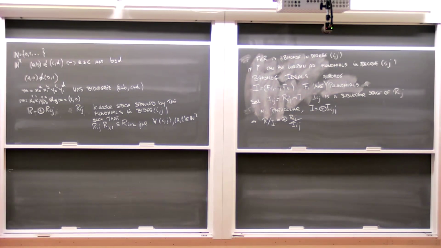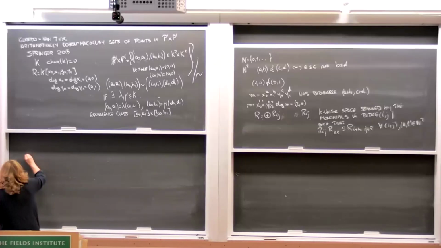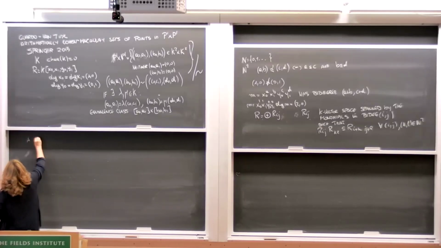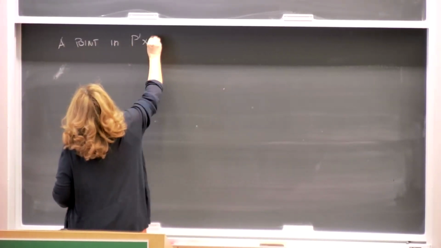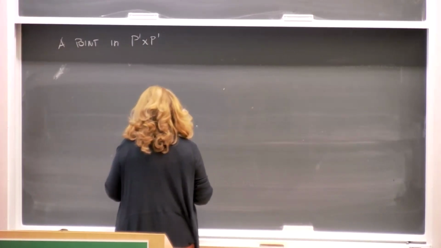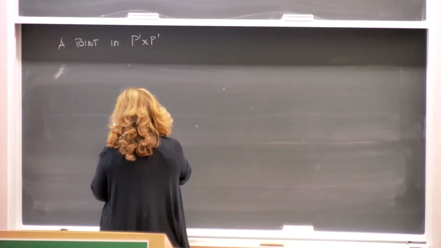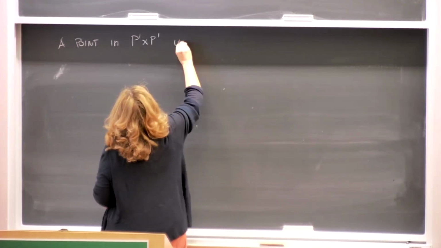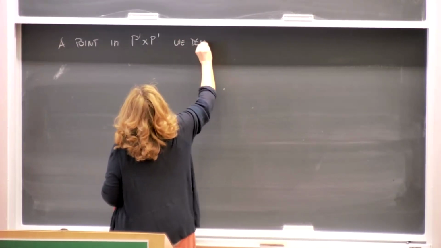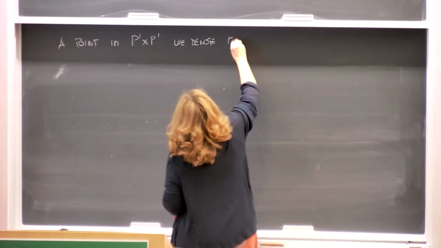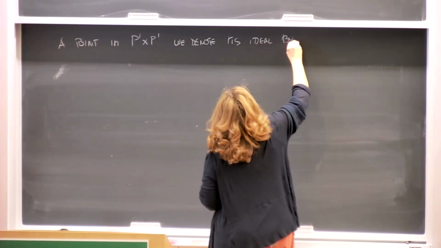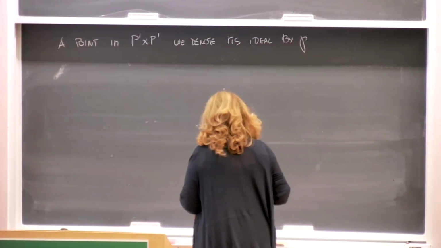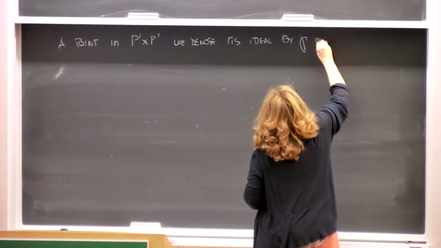And if I have a point in P1 cross P1, then we denote its ideal as usual by IP, it depends on the context.